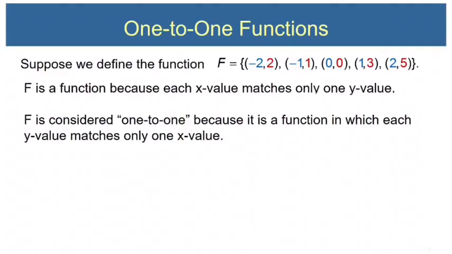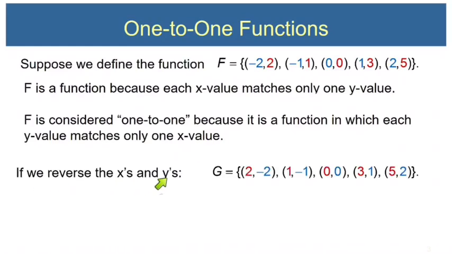You may have noticed previously when we first talked about functions that it's possible for the y values to repeat and still have a function. It's still possible for that to happen. However, now we're saying that there's a special type of function called a one-to-one function in which the y values do not repeat. Each y matches only one x.